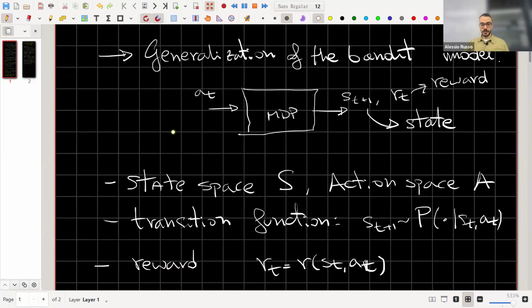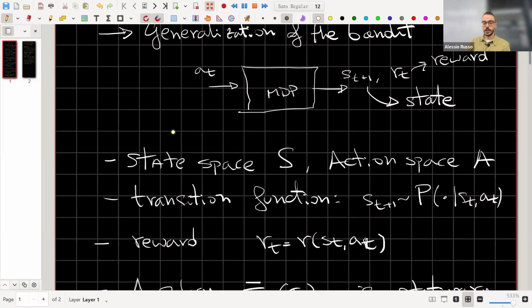So for MDPs, we have the state space, which is the set of possible states. We have the action space, which is the set of possible actions that you can take. Then we have the transition function that we denote by P. This is a distribution over states conditioned on the current state and action that you took.